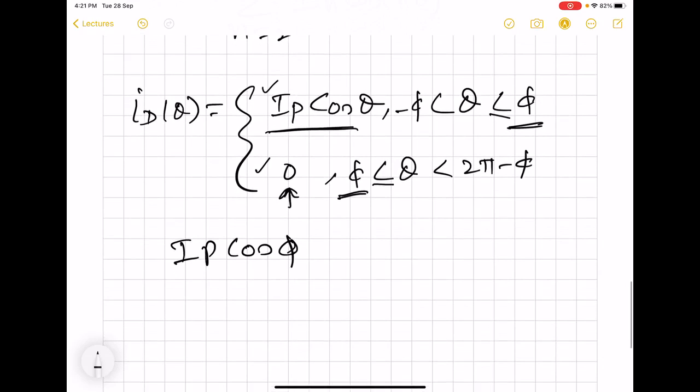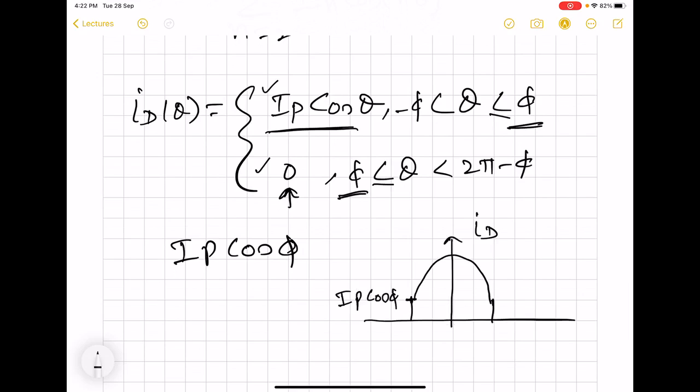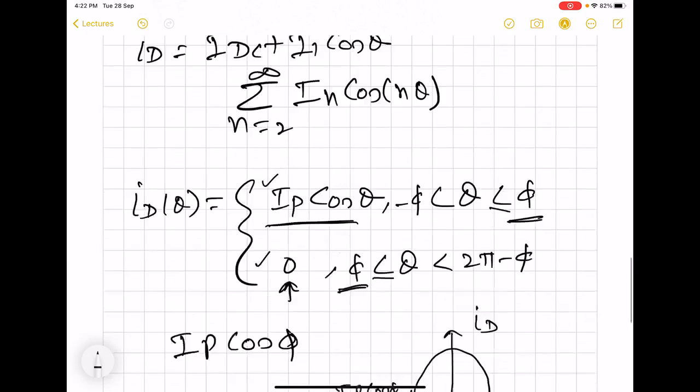So if you plot this one, what we have just written, then its plot is going to be something like this, that there will be a jump equal to IP cos phi, and then we will have the cosine function. So what we have just now written is going to give rise to this kind of waveform, not what we wanted.